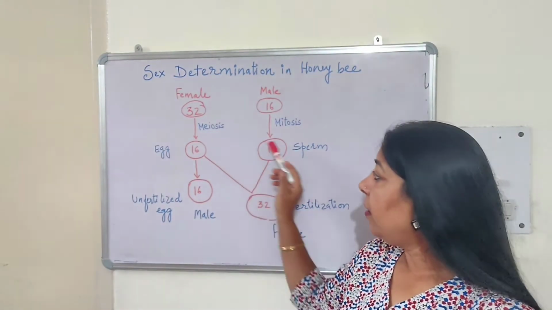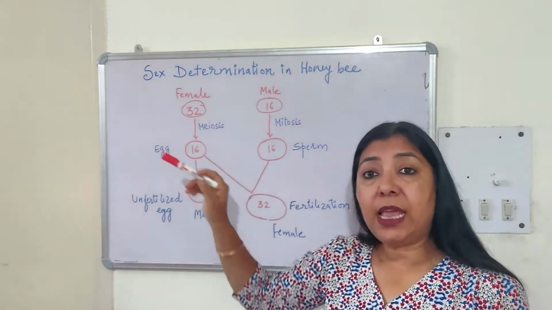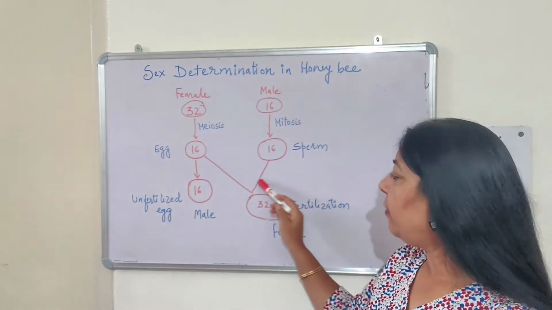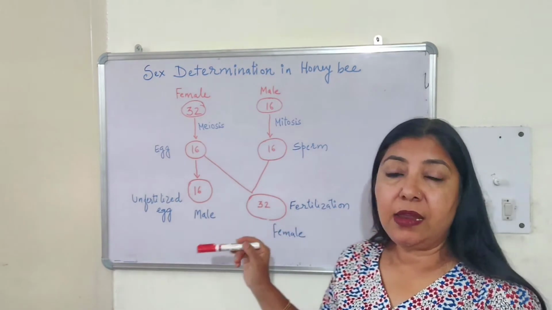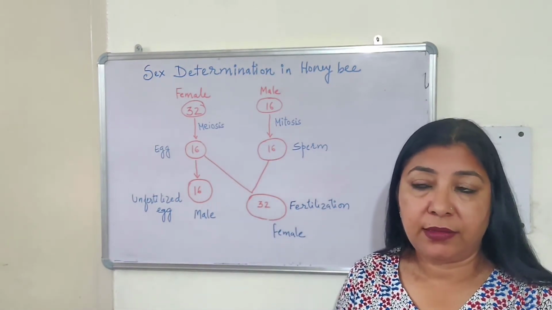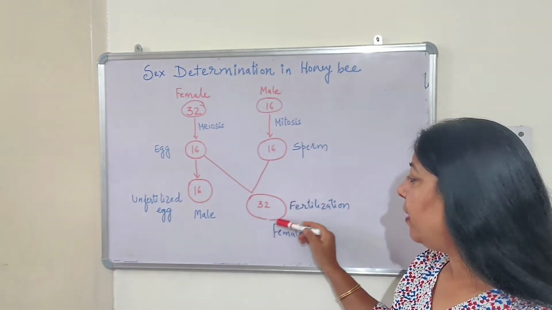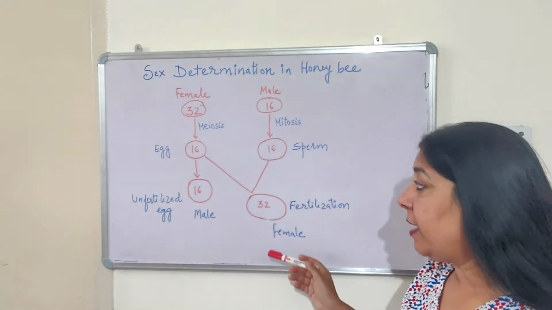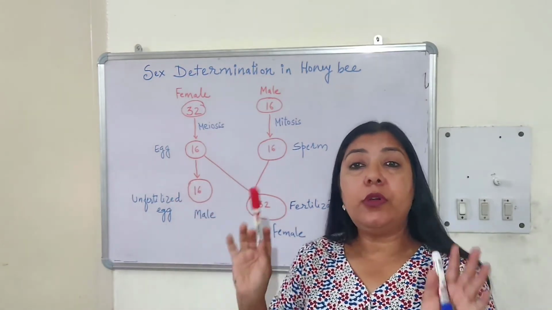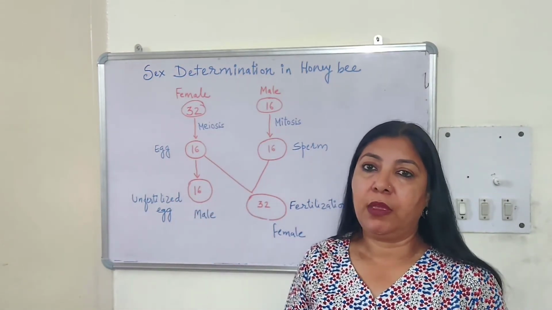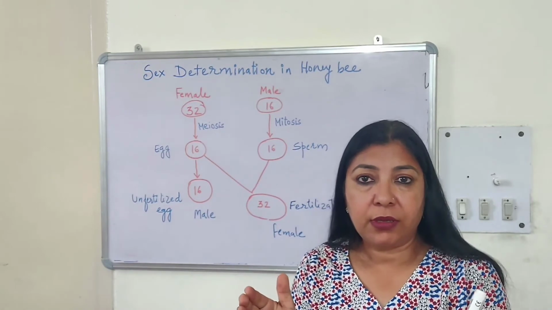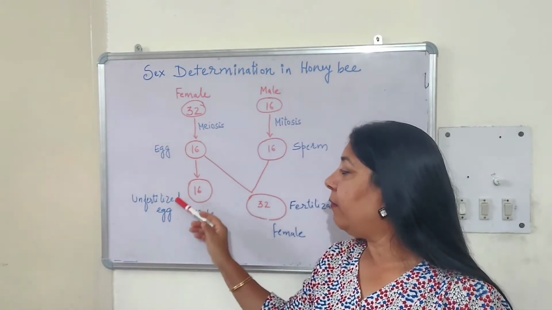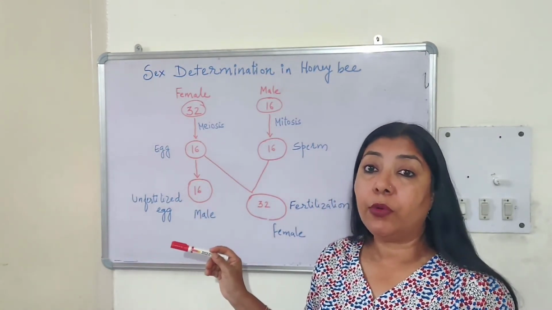So when this sperm fertilizes any egg, whatever egg it is, that will become female after hatching. So female will have 32 chromosomes, they will be diploid. Whereas the eggs which could not be fertilized, when they hatch, will produce small insects which will become male or drone.